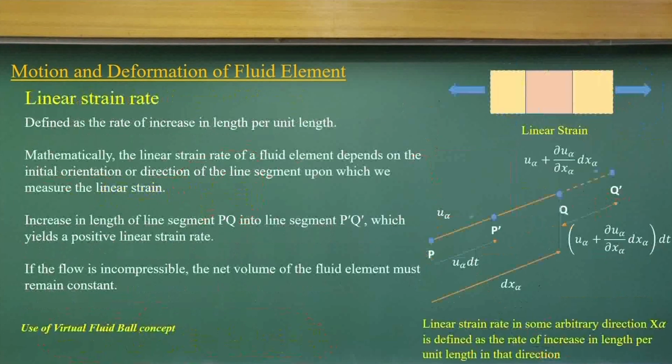Now, coming to a very simple thing called the linear strain rate. What is strain rate? The rate of increase of length per unit length. This is a very simple definition.